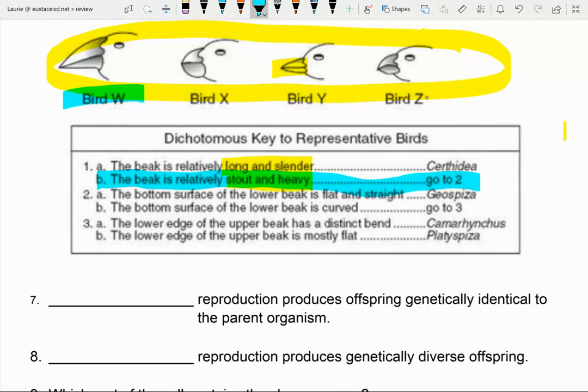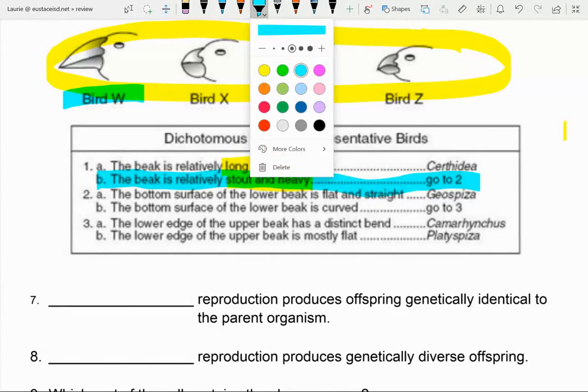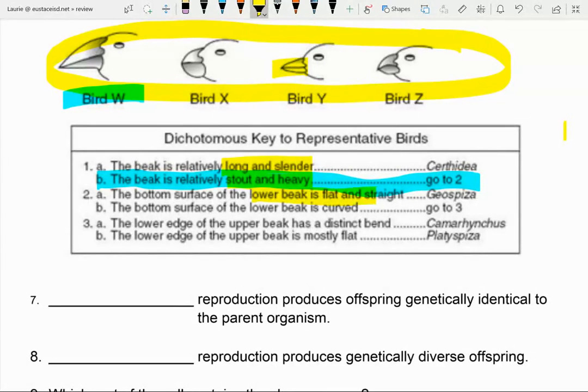Now we have to look at, is the lower beak relatively flat and straight, or is the lower beak curved? So when you look at this, we're comparing this side of the beak to everyone else here. And I would say that this guy, compared to the others, definitely has a straight lower beak.